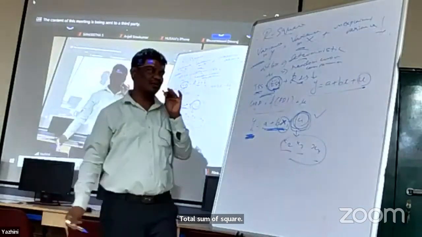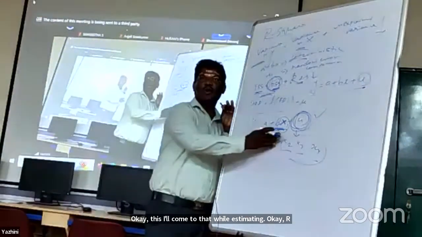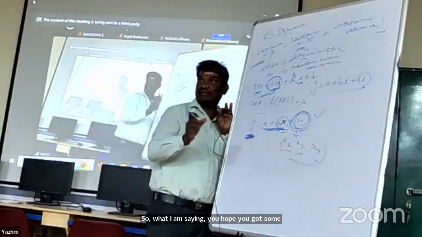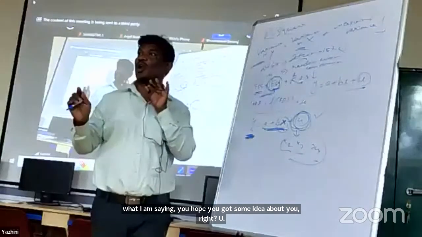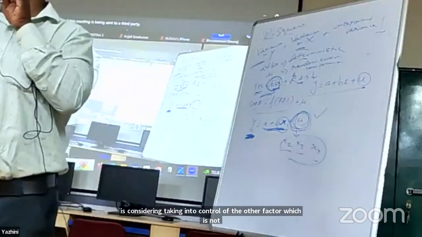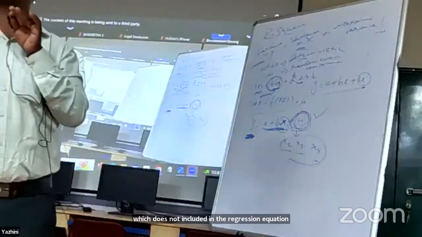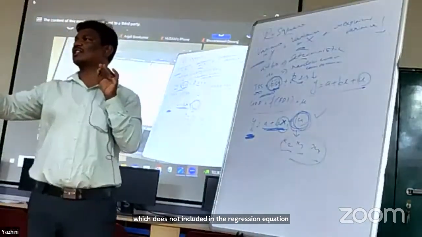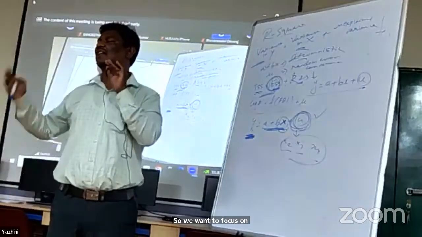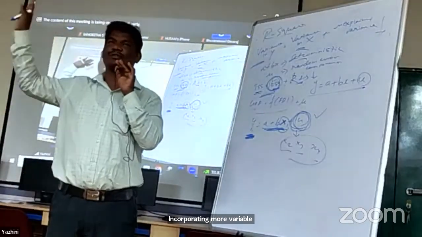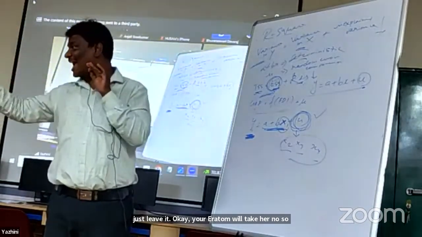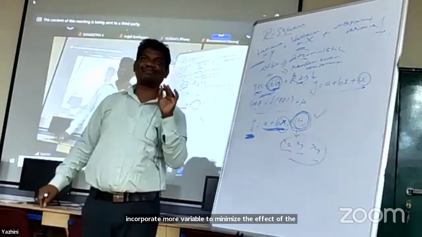So I hope you got some idea about U, right? U takes into account the other factors which are not included in the regression equation. So we want to focus on incorporating more variables. Don't just leave it thinking your error term will take care. No, so incorporate more variables to minimize the effect of the unexplained variation.